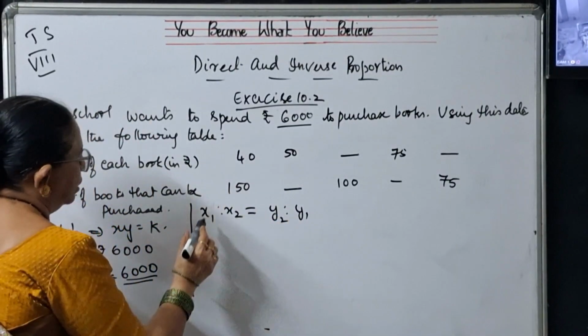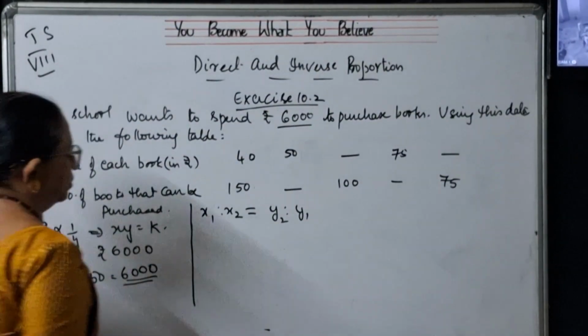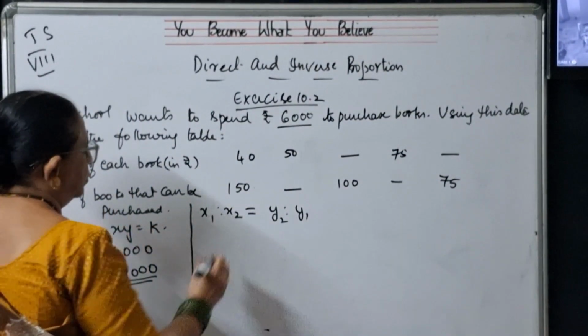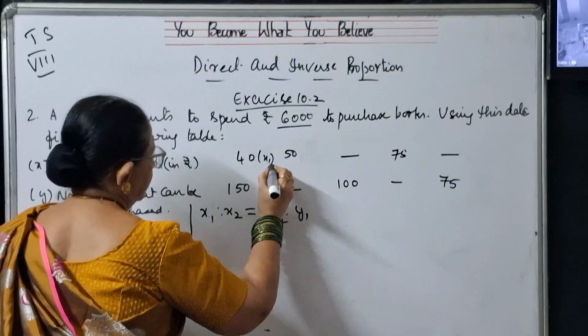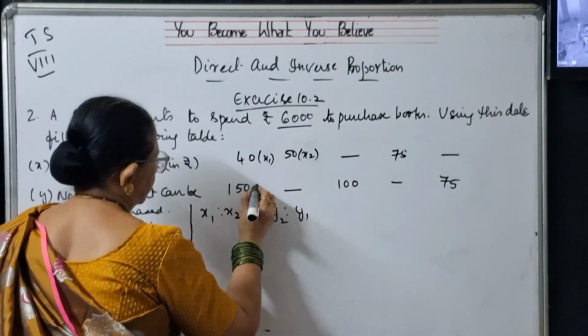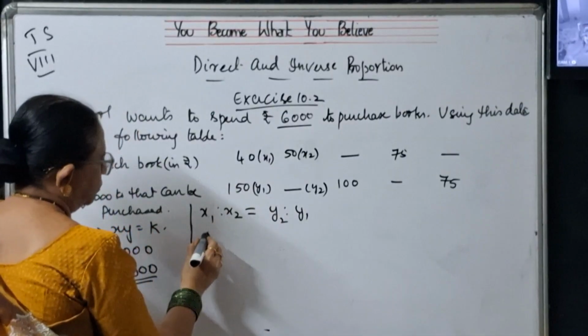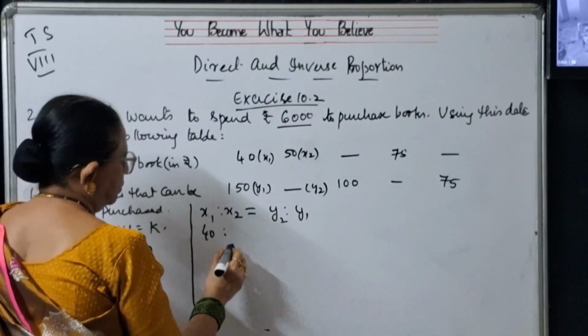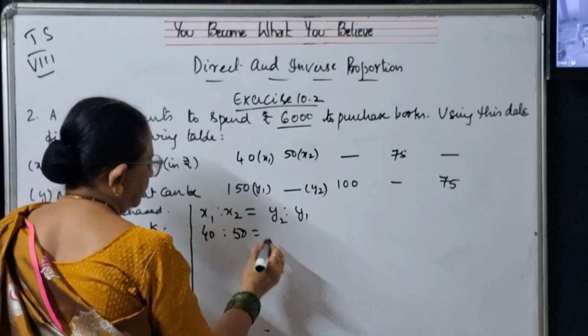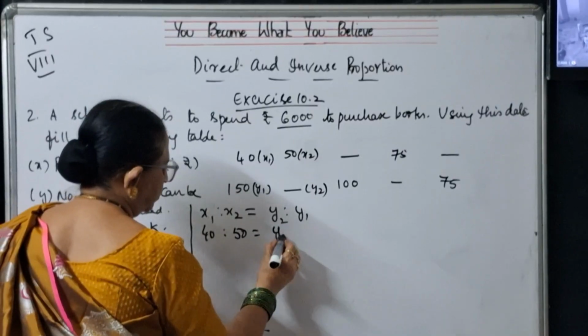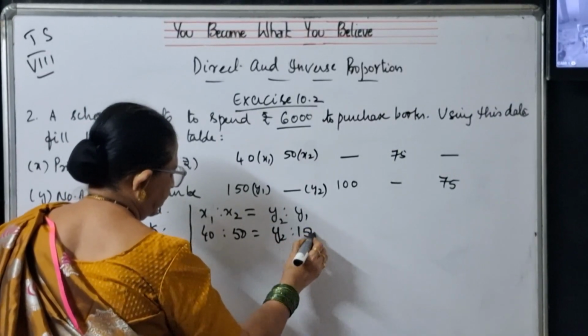Now x1 is to x2 is equal to y2 is to y1. So x1 40 is to x2 50 is equal to y2, which we don't know, is to y1 150.